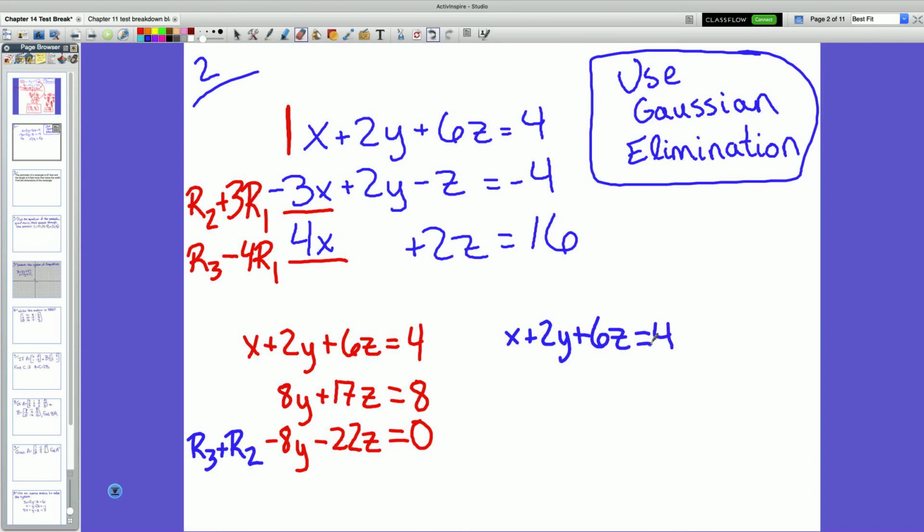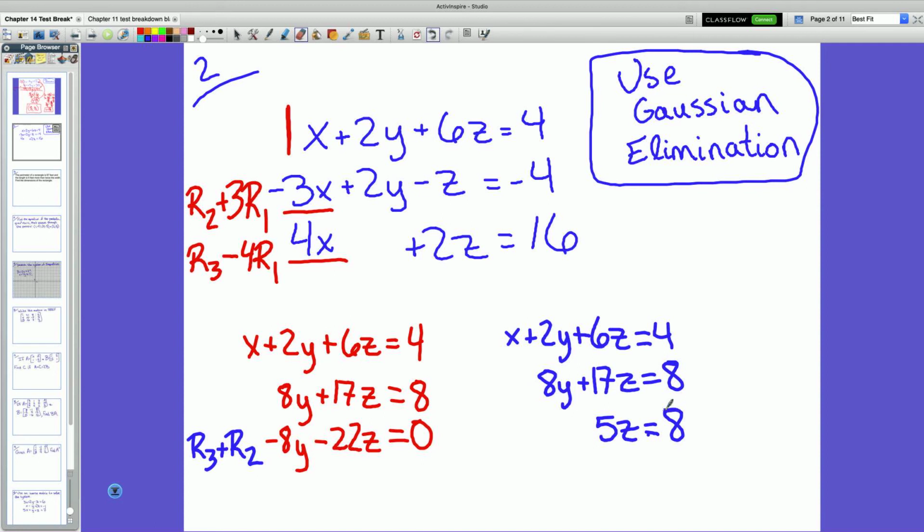Then I'd have 8y plus 17z equals 8. And then I'd have -8 plus 8, that cancels. -22 plus 17 would be 5z. And then 0 plus 8 would be 8. Right?